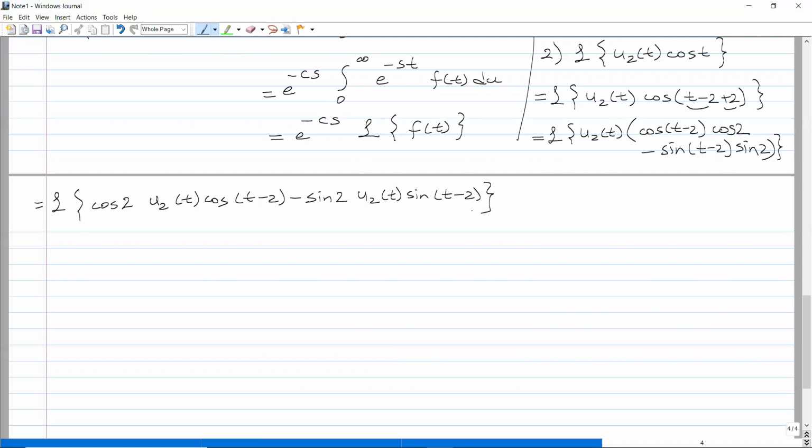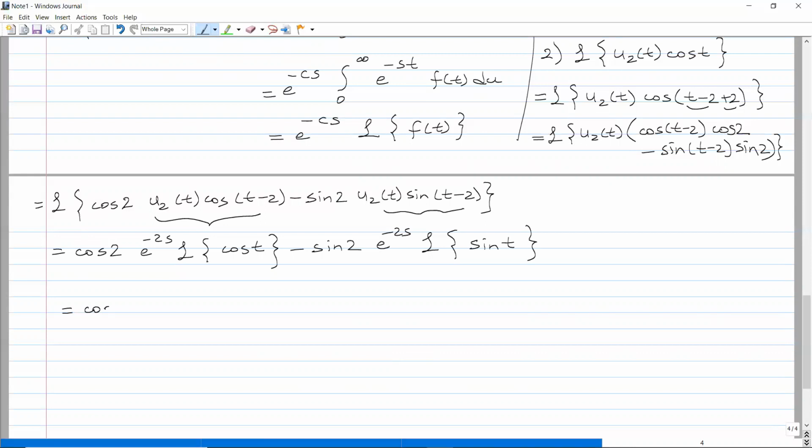So cosine 2 is constant, I can take it out. And now for this, I can use the above formula, e to the minus 2s times the Laplace transform of cosine t. Minus, again sine 2 is constant. For this, again, I can use the above formula, e to the minus 2s times the Laplace transform of sine t.